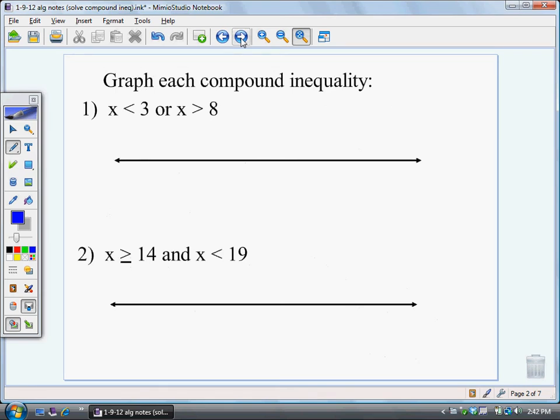Okay, on this page, it just asks you to graph each compound inequality. So number 1, you have x is less than 3 or x is greater than 8. So what we're going to do is we take our line and we're going to put some numbers on it. 0, 1, 2, 3, 4, 5, all the way up.